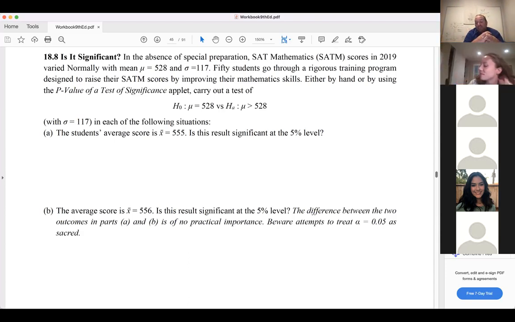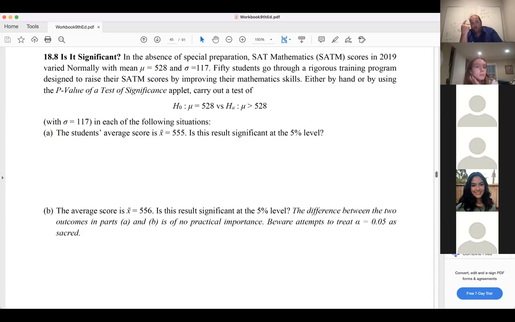It's enough over. Because if you look at part B, it says now do 556. My guess is that when we do 556 with the sample size change just by that one, we'll get a completely different conclusion, which in fact we do, right? By making X bar 556, one more than it was before, now the p-value is less than 5%, right?